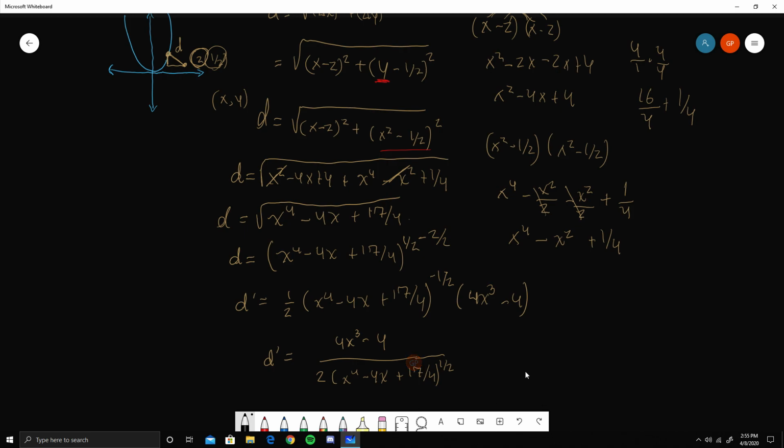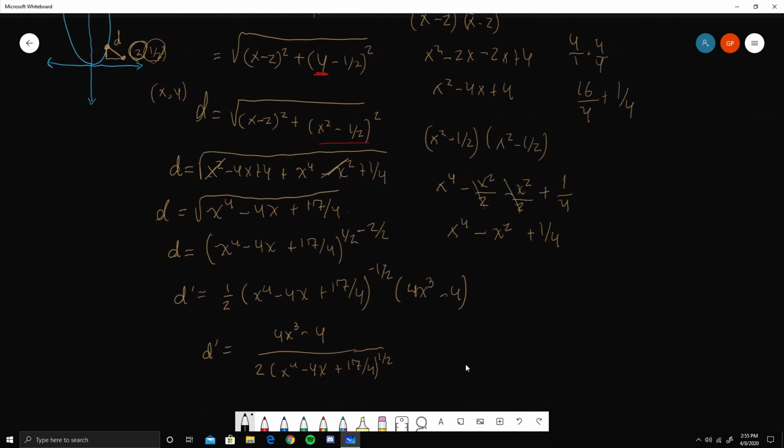So now that we have our derivative, we need to solve for the critical values. I'm going to make this equal to 0, and now I'm going to solve for x. I'm going to multiply everything on the bottom over, and it's going to cancel with this 0, so I can just take this out. Now I'm left with 4x to the third power minus 4 is equal to 0. I'm going to rewrite this so that no one gets confused.